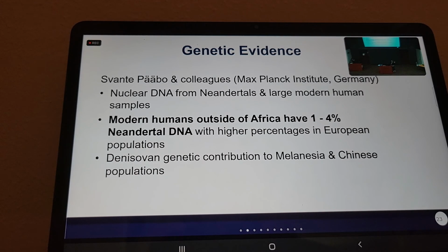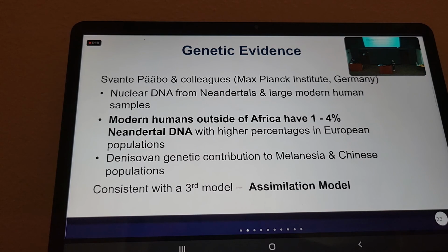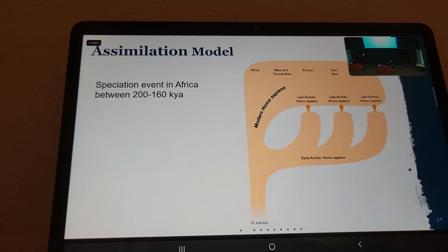They also found Denisovan genetic contributions to modern peoples in Melanesia and China. What they also find is that people who have 100% African ancestry, so ancestry from no other continent, do not have Neanderthal or Denisovan DNA. Right? So this is consistent with the third model, the assimilation model.